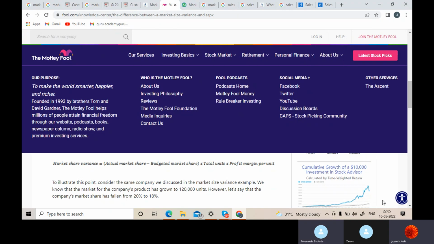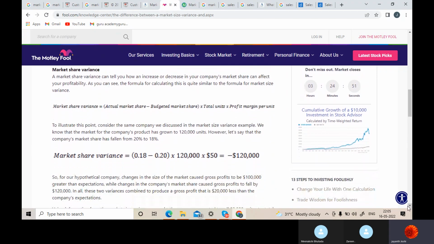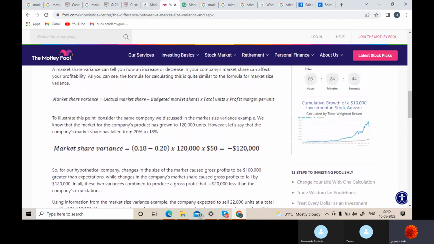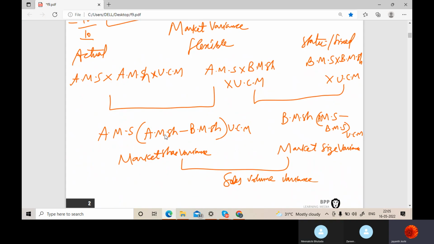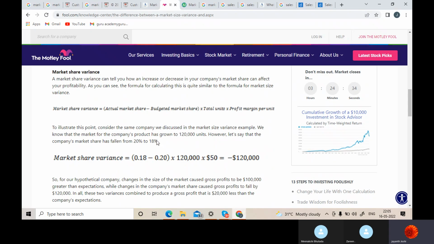Market share variance. No. So market share variance is the difference in the shares into market size. The shares are given, the difference, and the size is 1,20,000 into margin. So minus 120 would be your answer. You expected your market share to increase, but it has decreased. So it's adverse, correct?